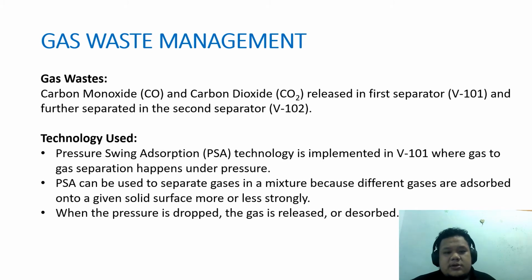Therefore, the technology used to mitigate these air pollutants is pressure swing adsorption (PSA) in the first separator, where gas-to-gas separation happens under pressure. PSA can be used to separate the gases in a mixture because different gases are adsorbed onto a given solid surface more or less strongly. So when the pressure is dropped, the gas is released or desorbed.